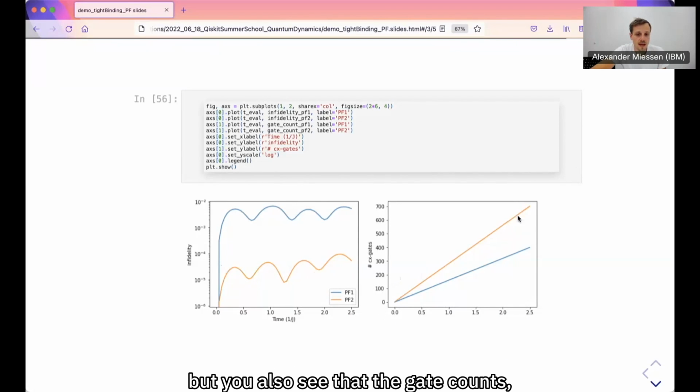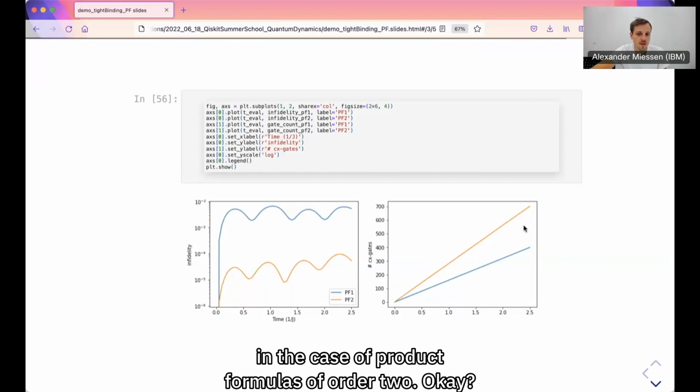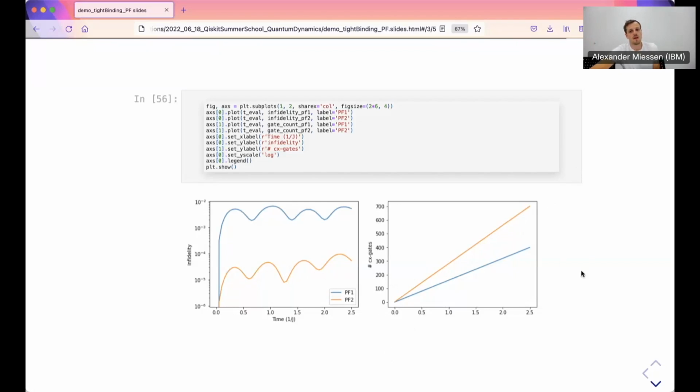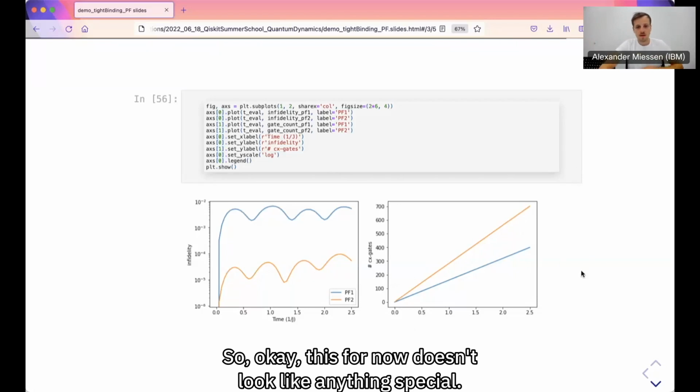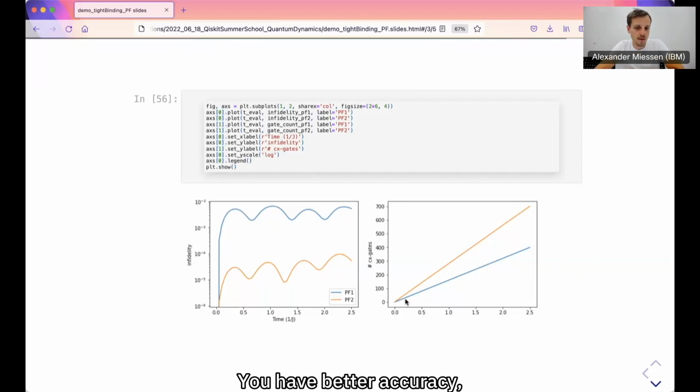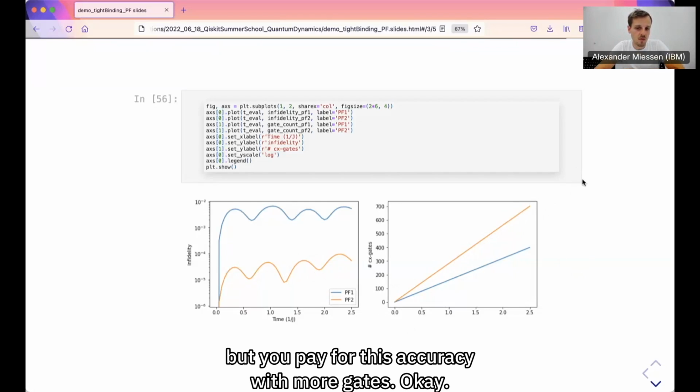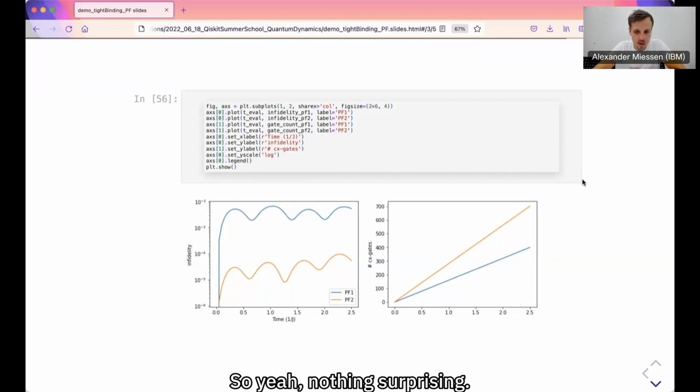But you also see that the gate count, so the number of CX gates, is much higher in the case of product formulas of order 2. So this for now doesn't look like anything special. You have better accuracy, but you pay for this accuracy with more gates. So, nothing surprising.